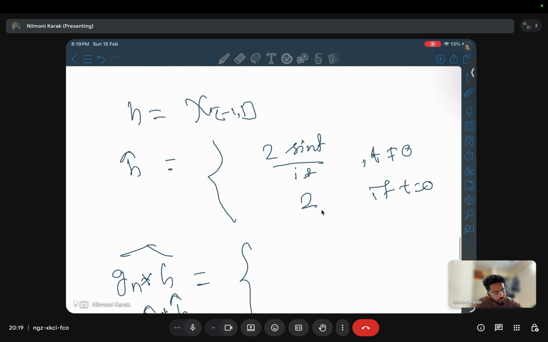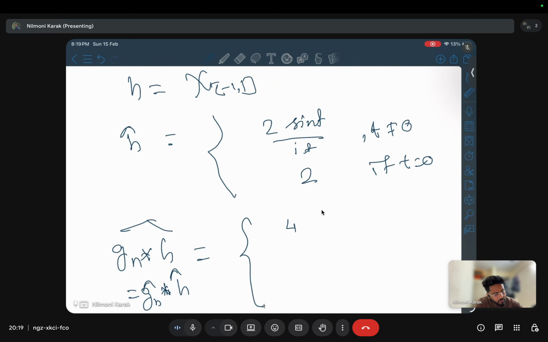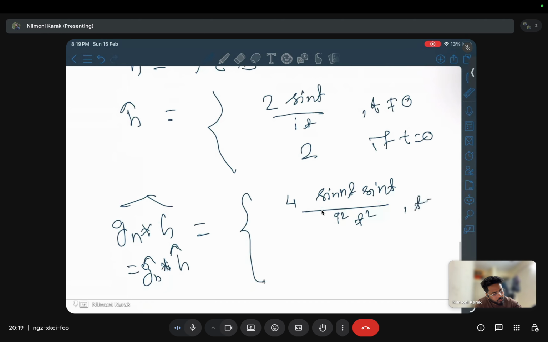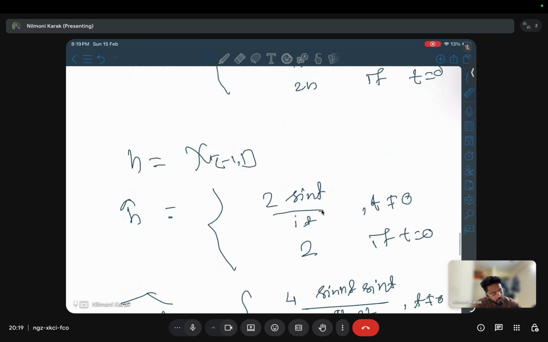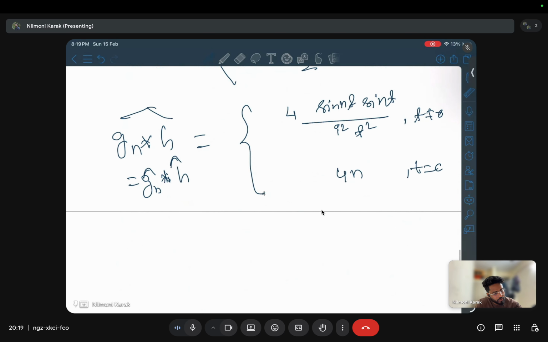So 4 sin nt sin t over t square if t not equals to 0, and 4n if t is equal to 0.